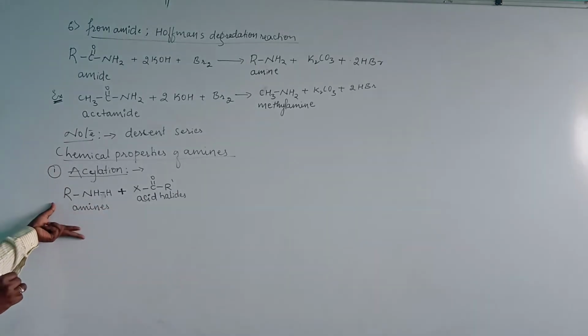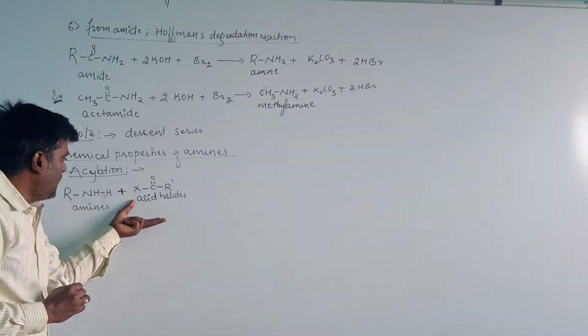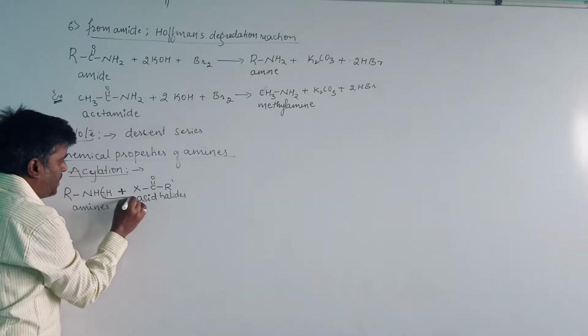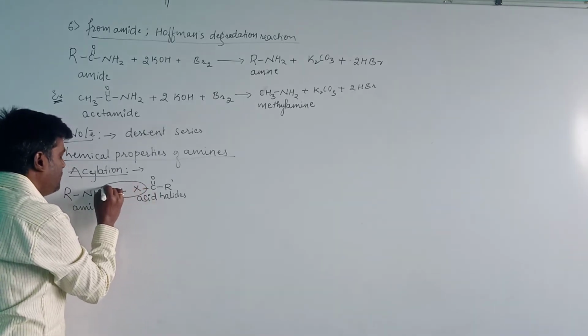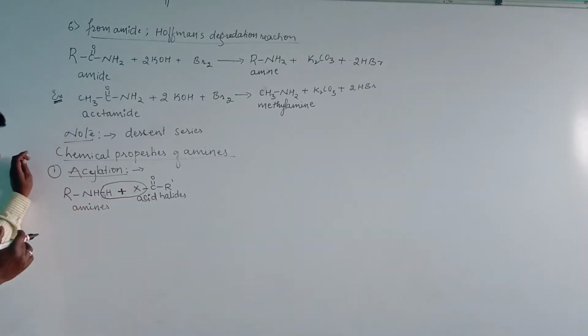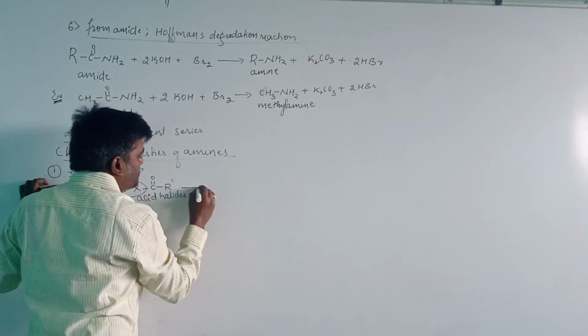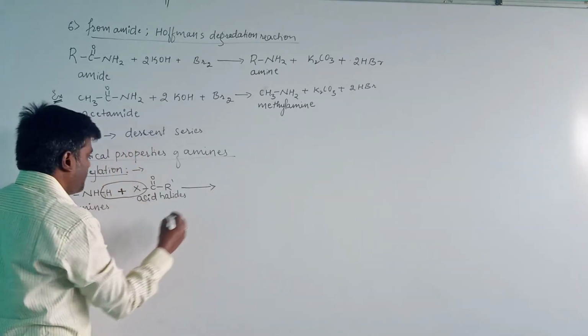When the amines react with acid halides, one of the hydrogens will combine with the halogen, and it gives the N-substituted amide here. Then let us see how it produces the N-substituted amide here.